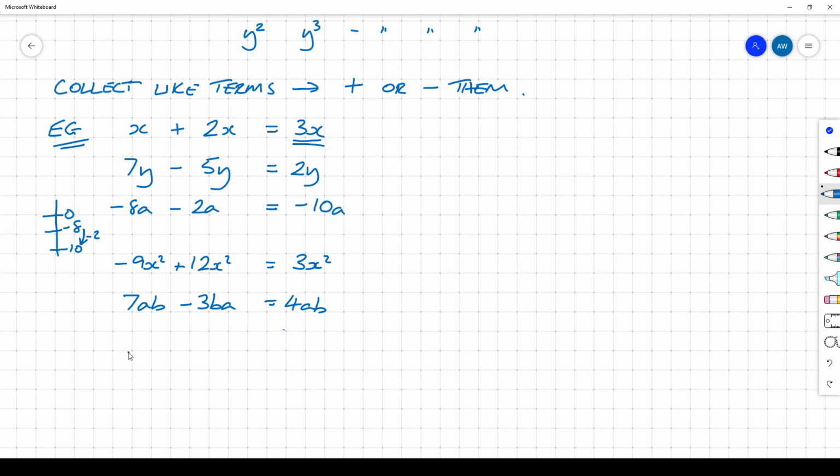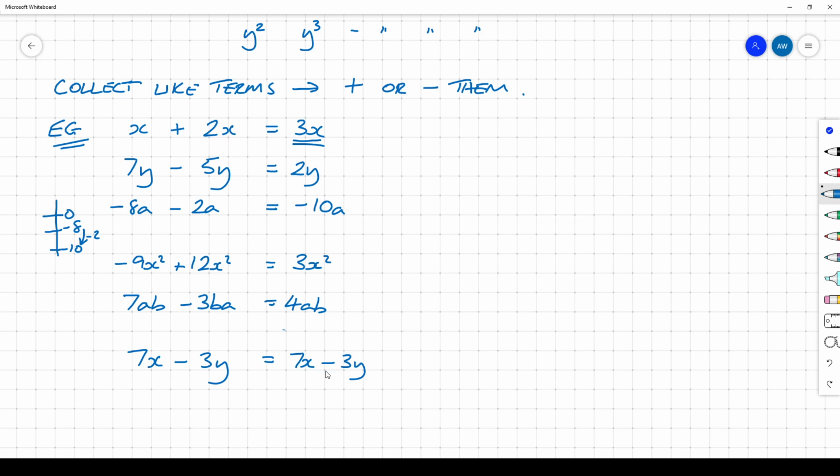What about 7x take away 3y? This is a non-example. Can we collect those two terms together? No, because they are different letters, they're different types. So that is simply 7x minus 3y. We can't do anything with it, so it stays as it is.